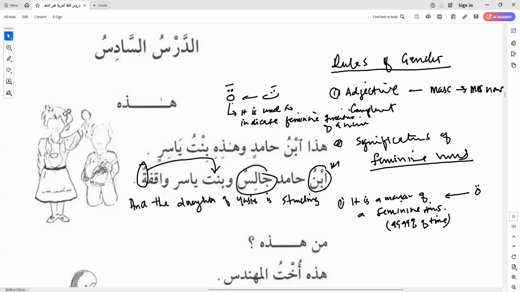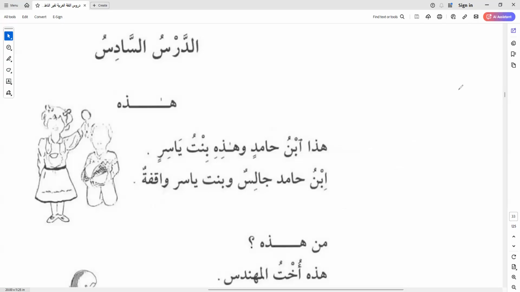There's no taw marbuta at the end of the jalis to indicate that. So we can say masculine, feminine. If I have jalisun, the feminine is going to be what? Jalisatun, with the taw marbuta at the end.